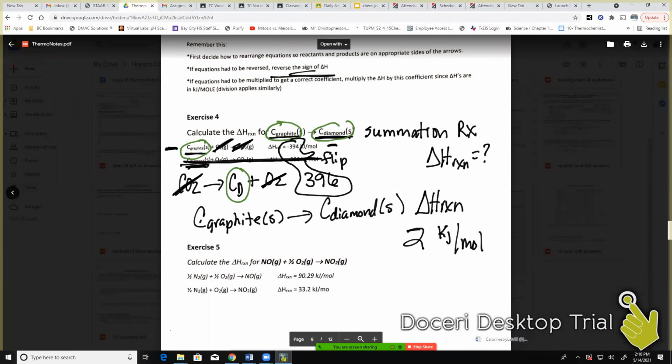Is that a very spontaneous reaction? Yes, it is. Anybody disagree? Well, I feel like if it's really spontaneous, we'd all have a lot more diamonds laying around, which is not a thing. It's precious. No, I mean spontaneous. What kind of reaction is it usually to be spontaneous?